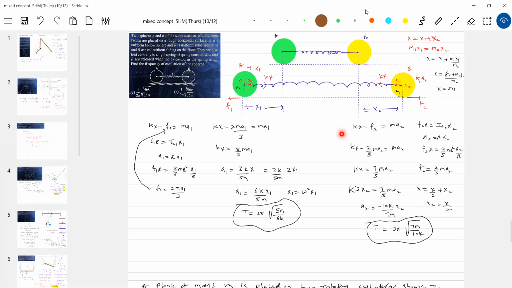The way we are thinking, this is a solid sphere, this is something else. So the rolling frictions will be different, but the net work done by them. So F1 is not equal to F2.